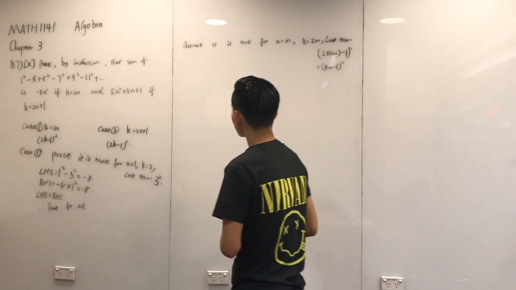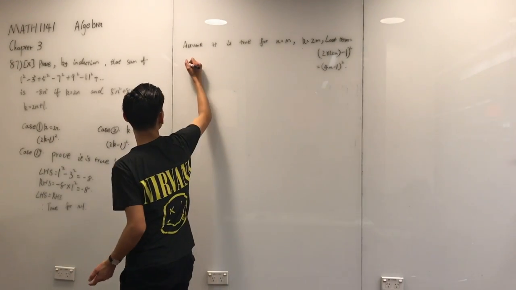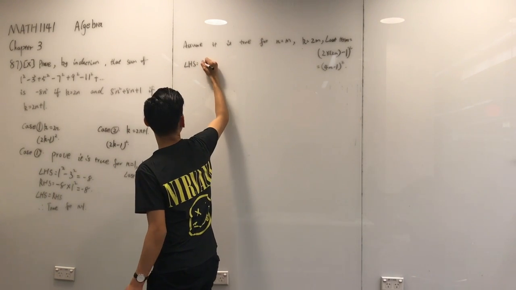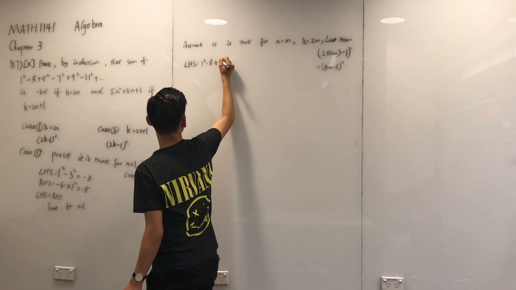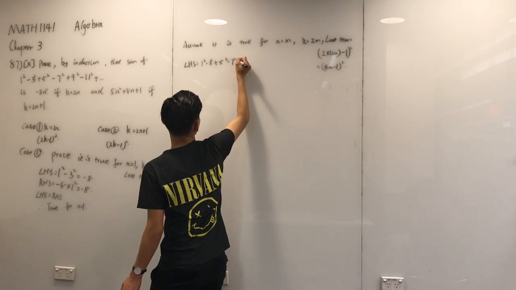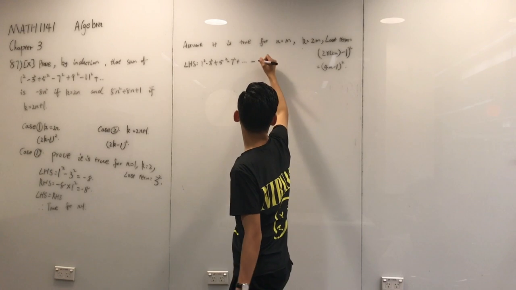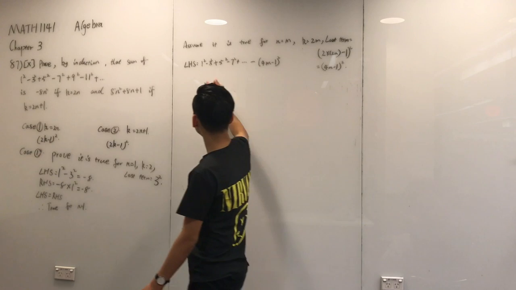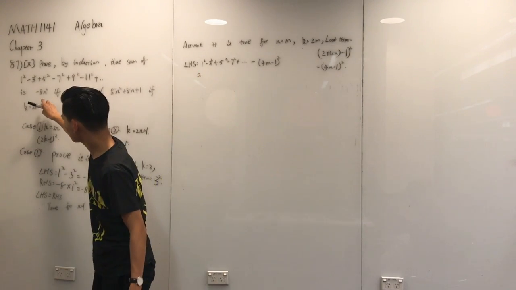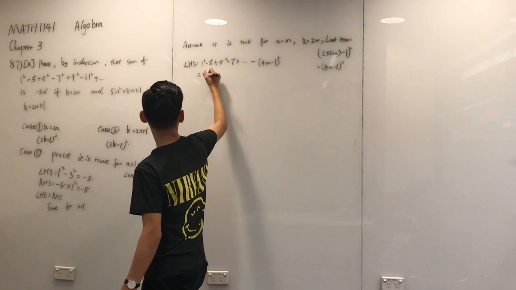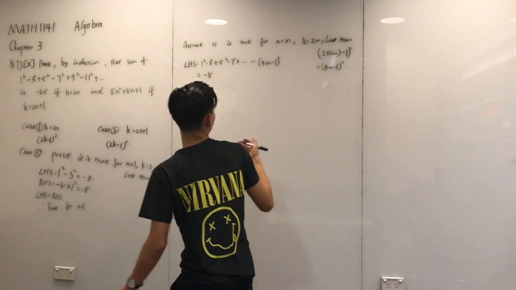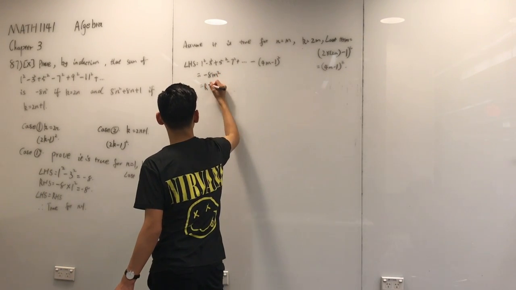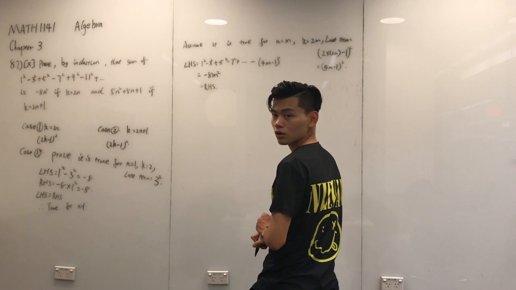So the left hand side will be 1 squared minus 3 squared plus 5 squared minus 7 squared and so on, minus 4m minus 1 squared, which will equal negative 8 m squared as the right hand side, right?